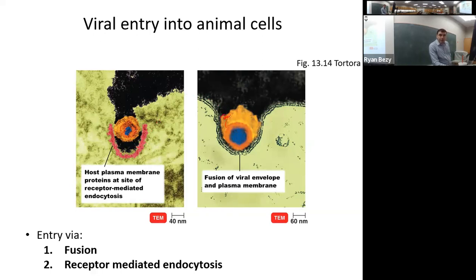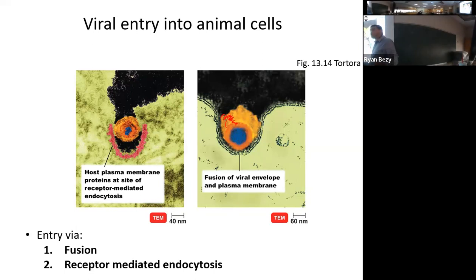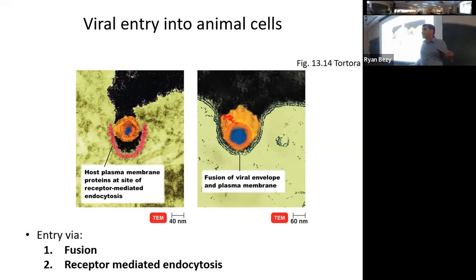You can see all of this right here is the viral envelope. The orange is the capsid proteins. Maybe the blue is the DNA or the RNA, the nucleic acid genome of the virus. What ends up happening is the membrane envelope of the virus fuses with the membrane of the host, and that allows the penetration of the virus into the host.